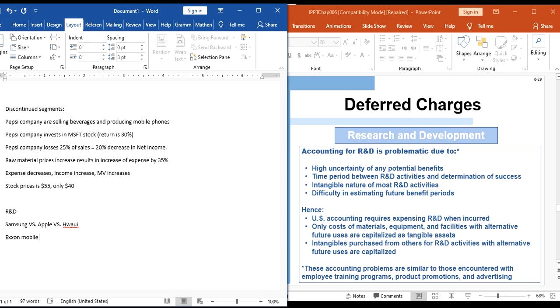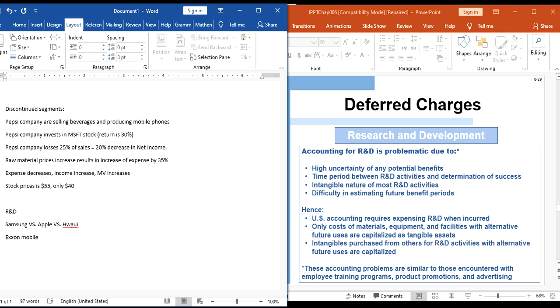So what about these actually? For example, accounting of research and development is problematic. Why? Because of high uncertainty of any potential benefits. That's what we said. Time period between R&D activity and determination of success. Okay, let's say we came out with some results in our research.